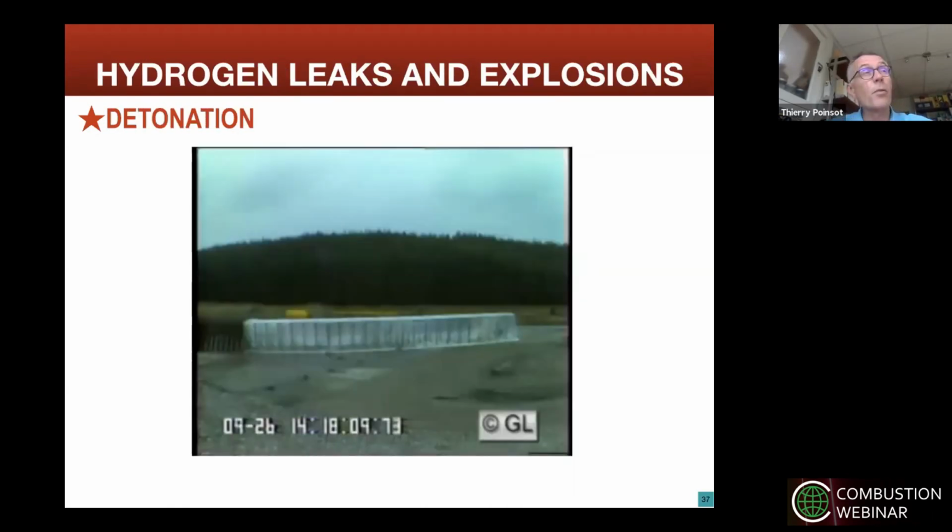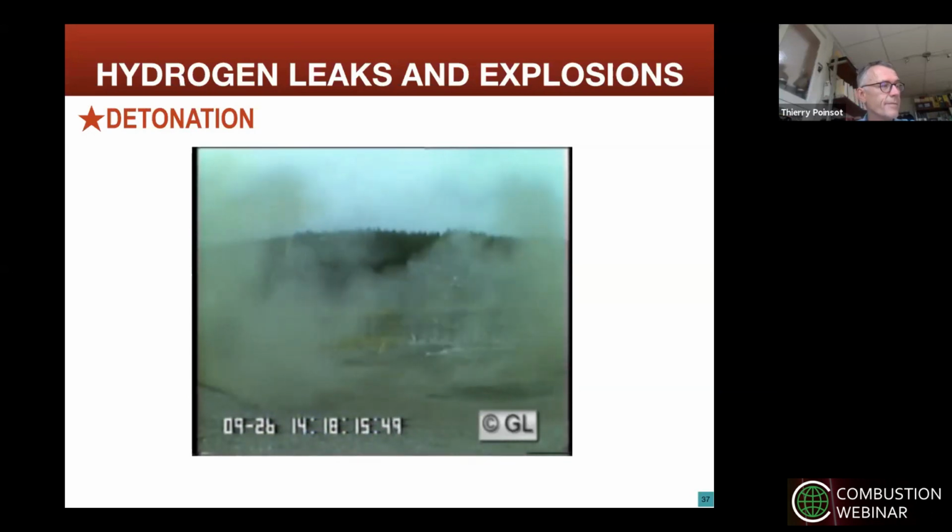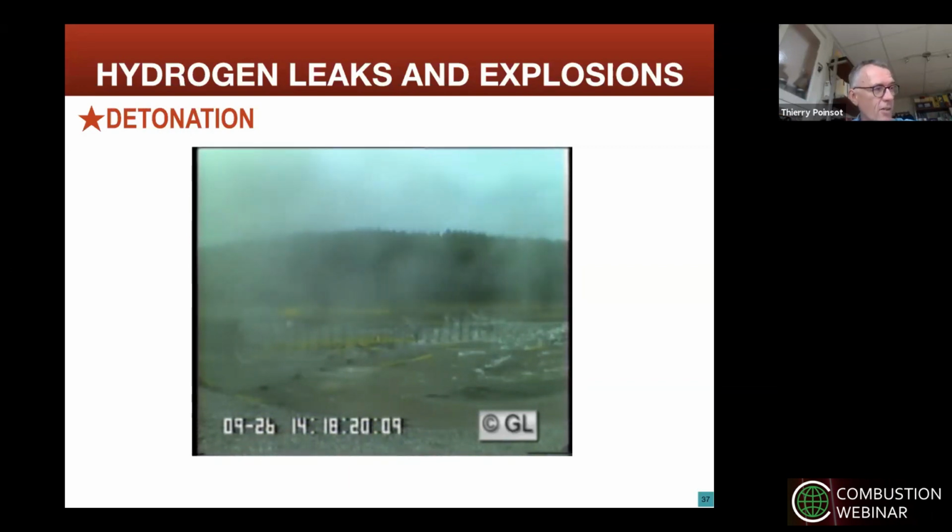Like an explosion with hydrogen would produce pressures which are like 4 times larger than an explosion with methane. Here in this situation, it's not only the flame propagating in the building, it's the whole building being blown up. And so that's, of course, much more dangerous. And if we go to hydrogen, we'll need to handle these situations.